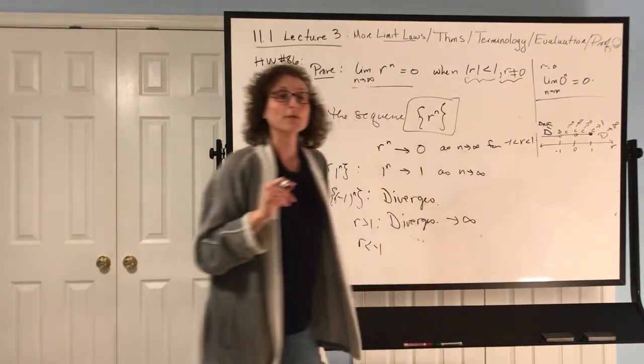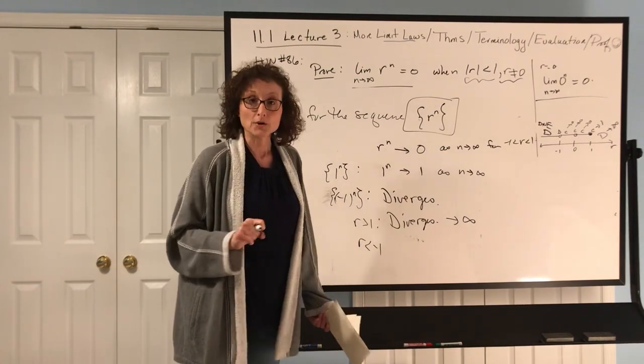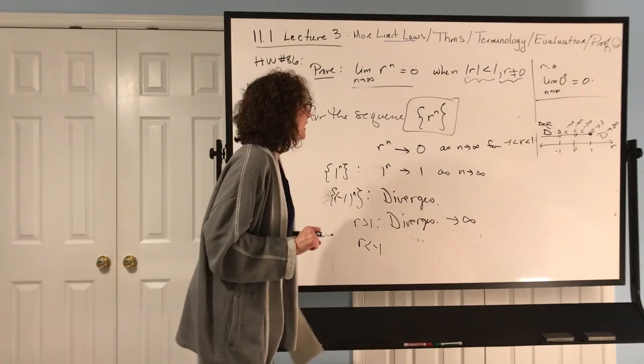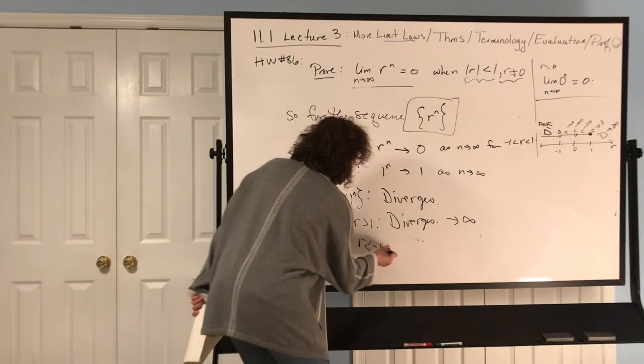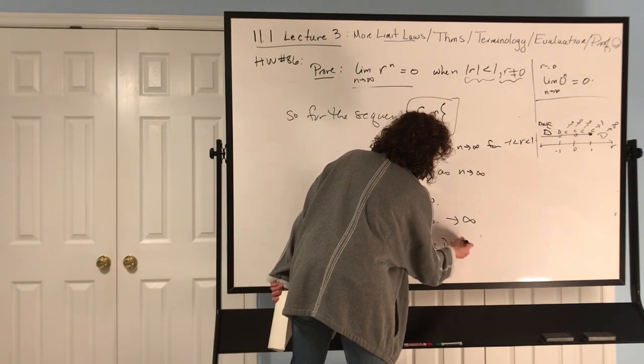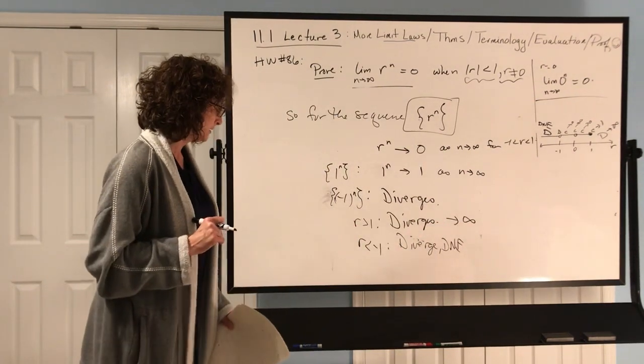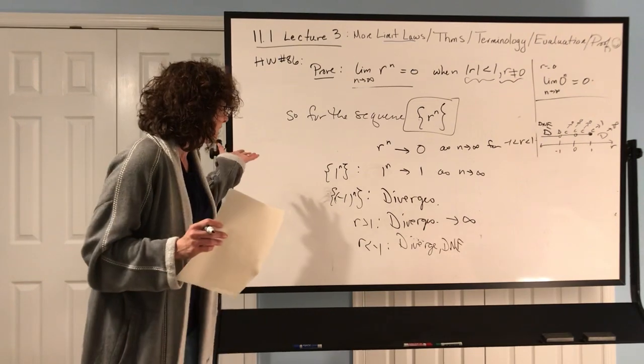It's not going off to positive or negative infinity, just bouncing back and forth between numbers that both grow large without bound. Does that make sense? And so here we got diverge, does not exist. This also doesn't exist, but it gives you more information. Does that make sense? Okay, and so that's everything.